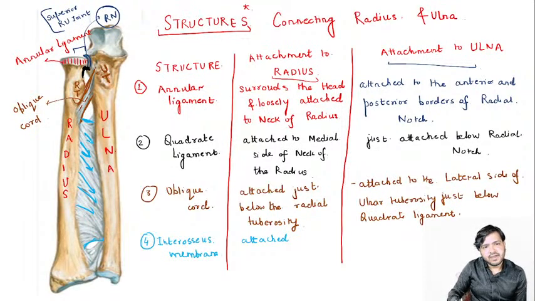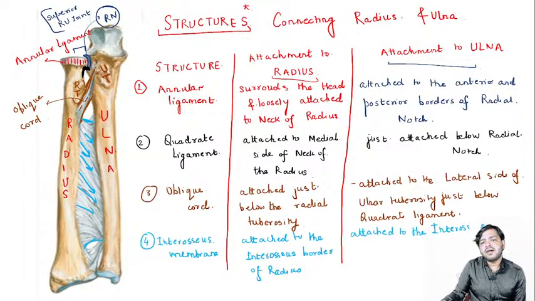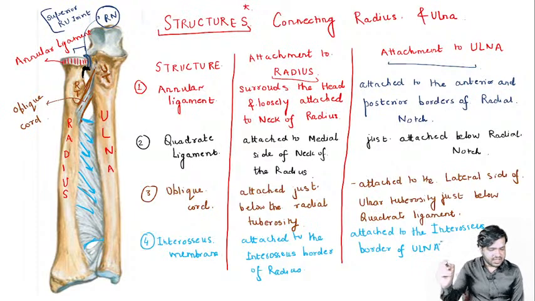It is attached to the interosseous border of the radius, and it is attached to the interosseous border of the ulna.